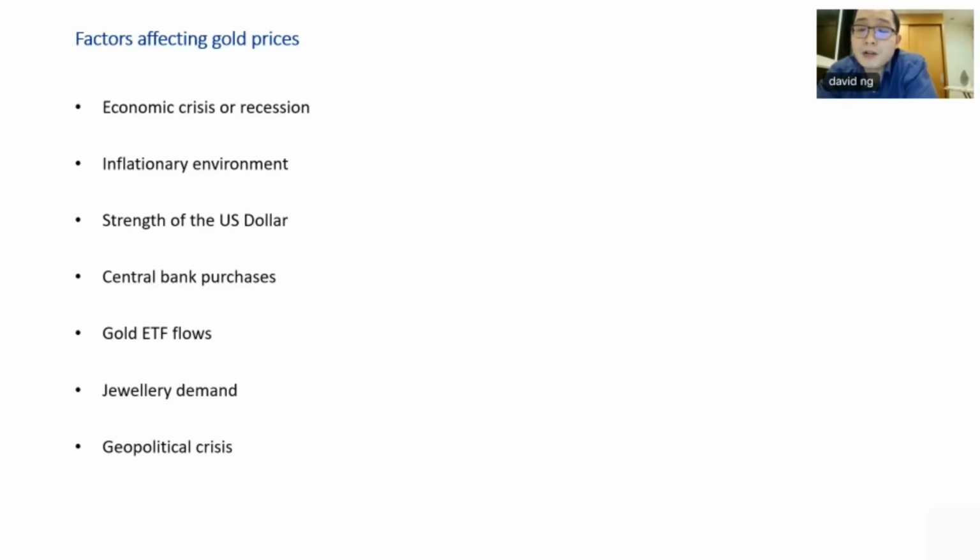In fact, gold prices tend to be on the downside for a simple reason: the strength of the US dollar itself is quite pivotal at this point in time, and the rising strength of the US dollar is actually putting a lot of pressure on the gold market.